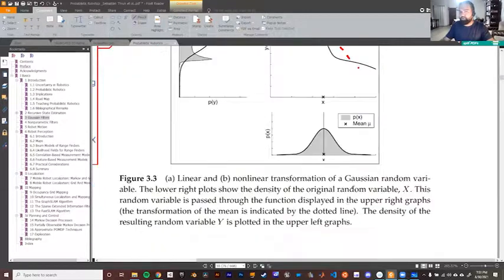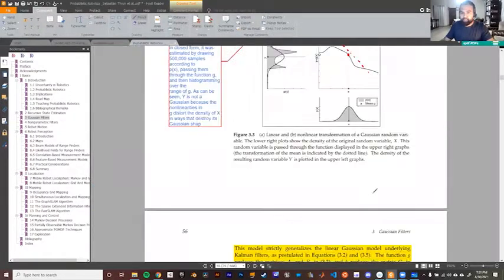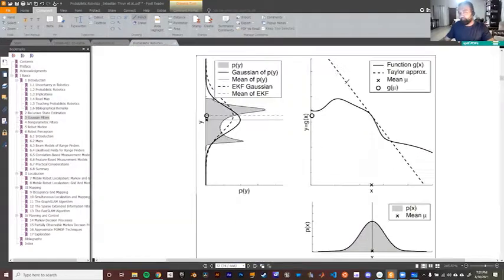So if you look here, I think there's a diagram here. For example, you can take any curve and you can approximate it as a linear function, right? So what it does is it's the same as the Kalman filter, but there's this added step where it takes those functions and makes those functions linear. It approximates them to linear.